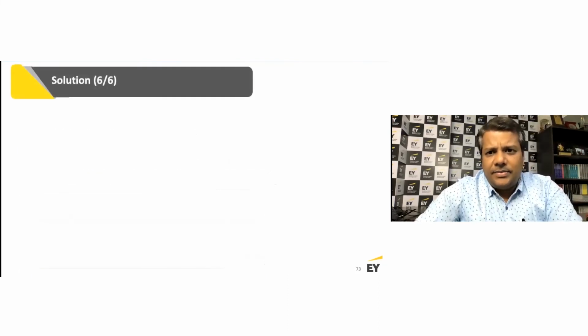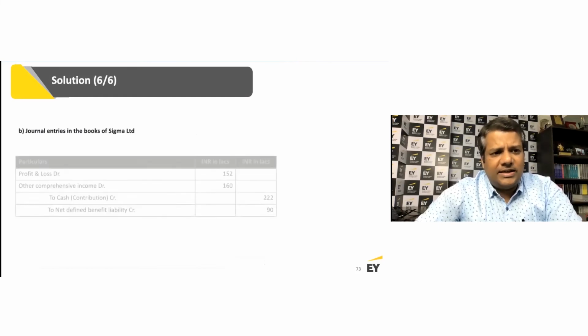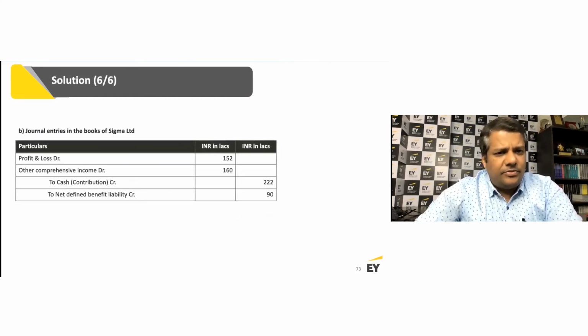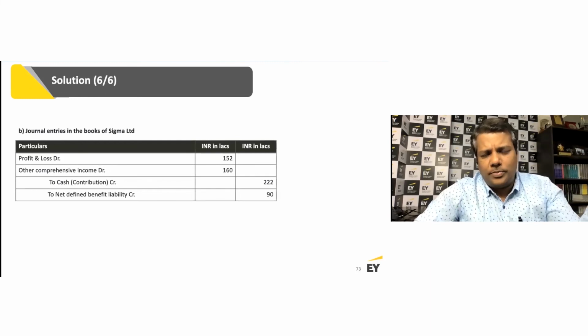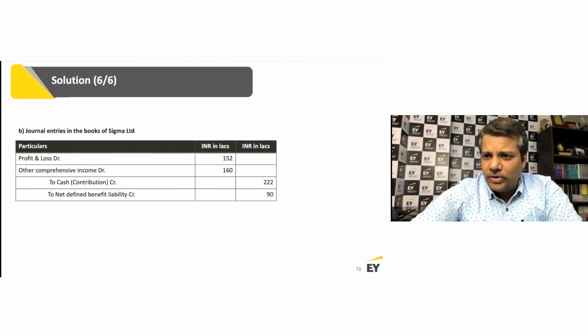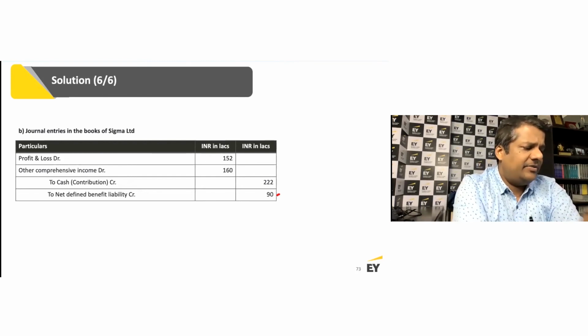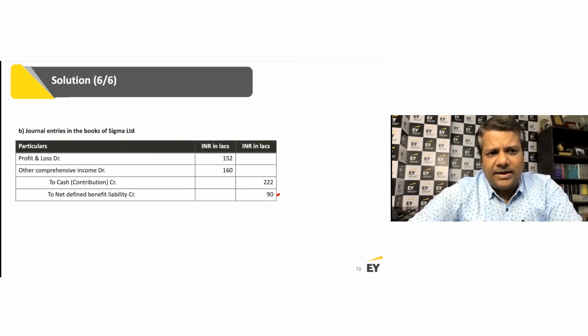And in terms of my journal entries, profit and loss account debit is 152, other comprehensive income is 160, and to cash 222 is what we paid, right? And to net defined benefit liability is the increase in liability, which is 90, right? That's how we get our overall journal entries as well.